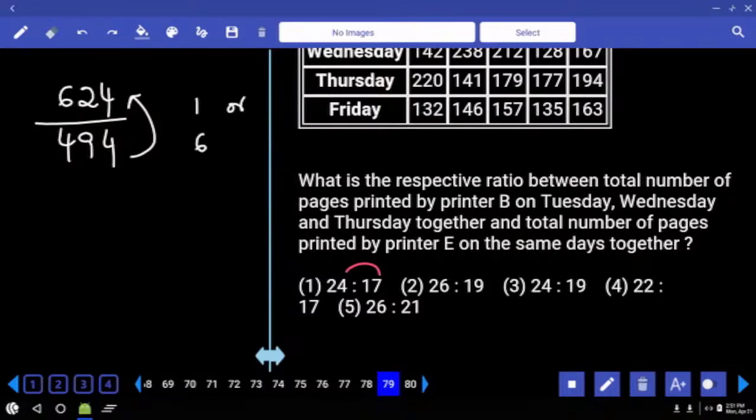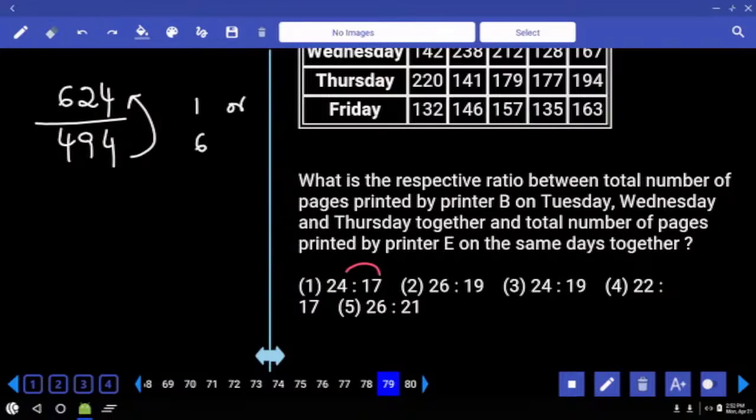Understood? 7 into 1. 7 into 6. Verifying. Eliminate. Into 1. Into 6. This may be the one.